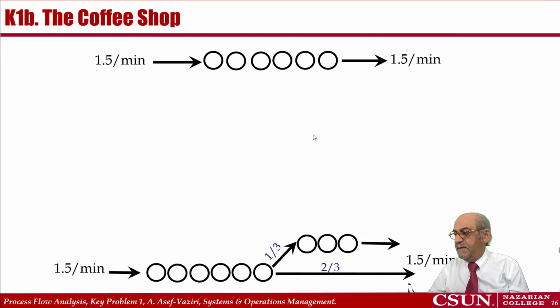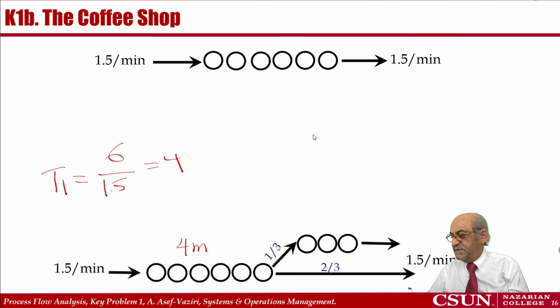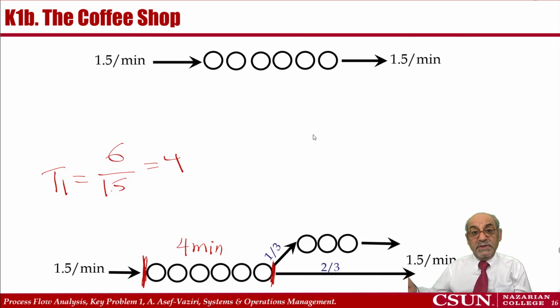Flow time here, T1, is equal to inventory, which is 6, divided by 1.5, and that is 4 minutes. So it takes 4 minutes to go from this point to this point. Those people who get only black coffee, they will be there for 4 minutes and leave.